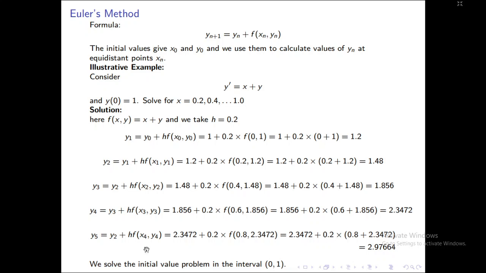It can be rounded to 4 decimal places as 2.9766. And if you tabulate this function as x naught, y naught, x1, y1, x2, y2, x3, y3, etc., up to x5, y5, then that will give a tabulated function which is the solution of our differential equation dy by dx is equal to x plus y subject to the initial condition y of 0 is equal to 1.